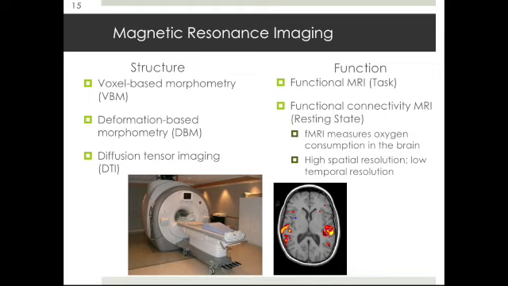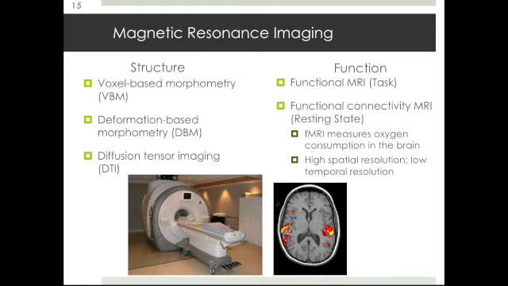That's why it's called resting state functional MRI or resting state functional connectivity MRI. What we're doing is essentially taking a video of their brain voxels, voxel by voxel over time, and then comparing how the different voxels fluctuate over time. So we're looking at the connectivity patterns between the different regions within the brain as it changes over time. And in both cases, functional MRI is measuring oxygen consumption in the brain.